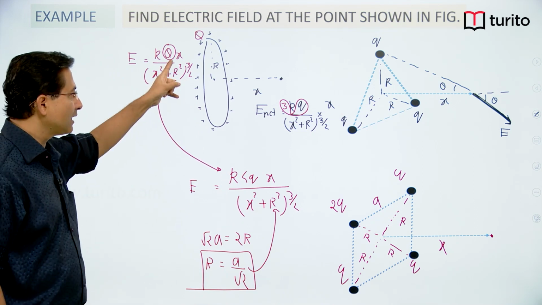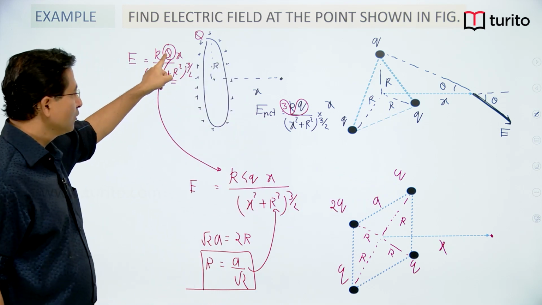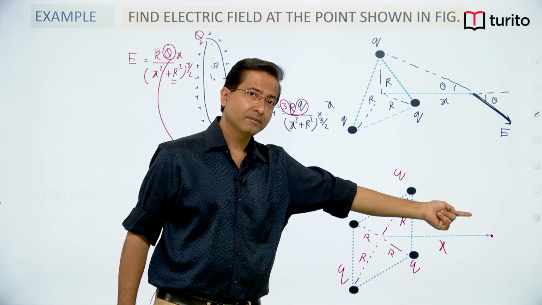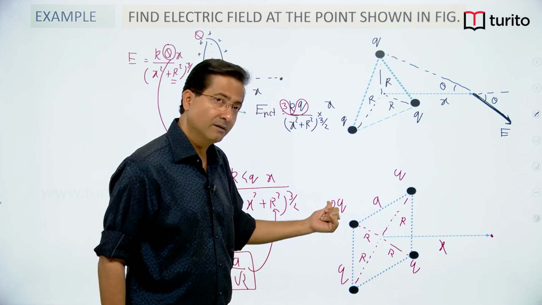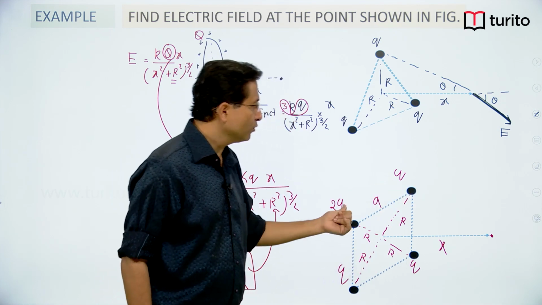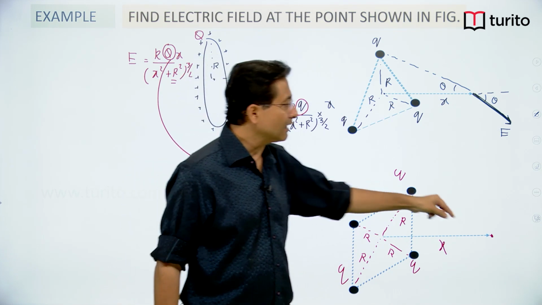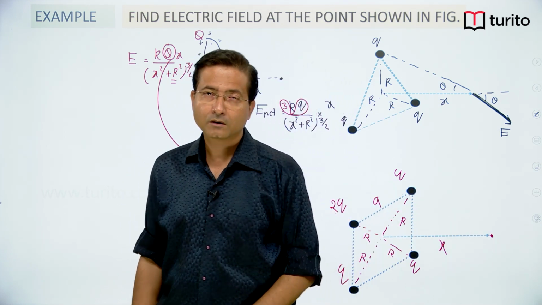Instead of the total charge 4q, now total charge will become 5q. So, here I write 5q, but that will give me only the x component. For the y component, all q will cancel each other at this particular point, one q which is left will produce the field in this direction, right.